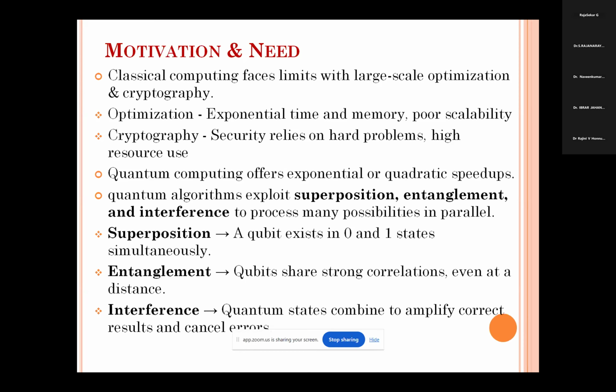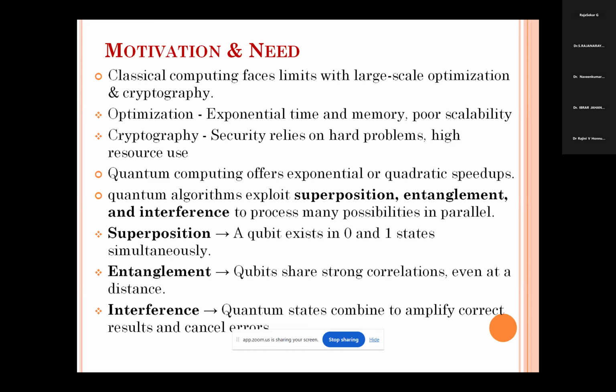I am clarifying these two differences, classical as well as quantum. Quantum computing works with a combination of zeros and ones through superposition. Then entanglement means strong correlations even at a distance. Interference is quantum states combined to amplify correct results and cancel errors.